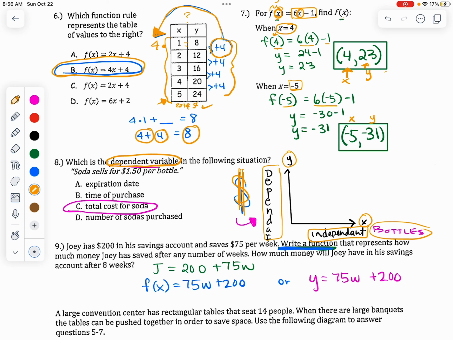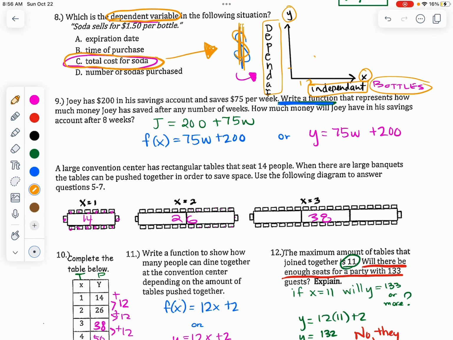So that means bottles, if I buy one bottle, it's going to be a certain amount, and 2 bottles, it's going to be another amount, and so forth. So I know the money is dependent on how many bottles of soda I buy. And so it only asks for the dependent variable, which is the cost of the soda. And we talked about this many times, that the money is always the y.